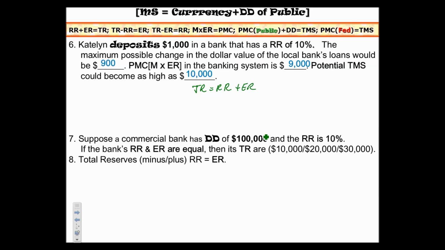It says that these two things are equal. So if we know one of them, we'll know the other one. The reserve requirement is 10%. That means 10% of this is the RR, which is 10,000. That means this is also 10,000 because we were told they were equal. So total reserves is 20,000.